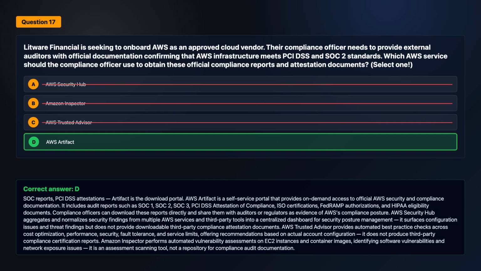It does not produce third-party compliance certification reports. Amazon Inspector performs automated vulnerability assessments on EC2 instances and container images, identifying software vulnerabilities and network exposure issues. It is an assessment scanning tool, not a repository for compliance audit documentation.